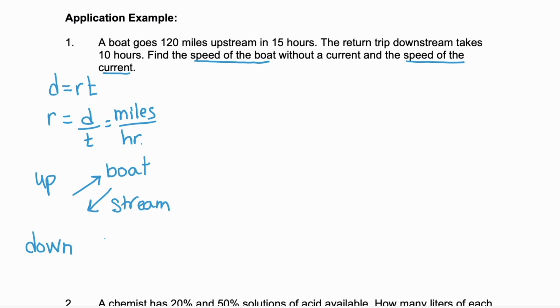And then a boat that goes downstream, the boat and the stream go the same direction. Pictures are always helpful for these word problems. So what else do we know about this boat going upstream? Well, we know that upstream it can go 120 miles per 15 hours.